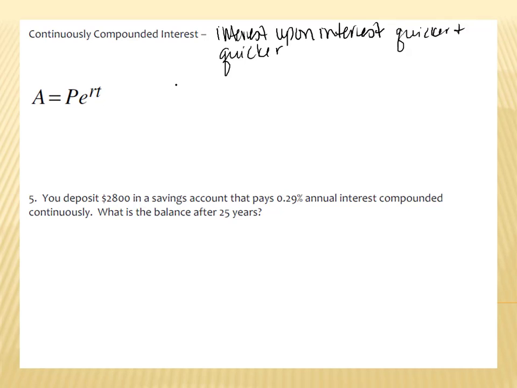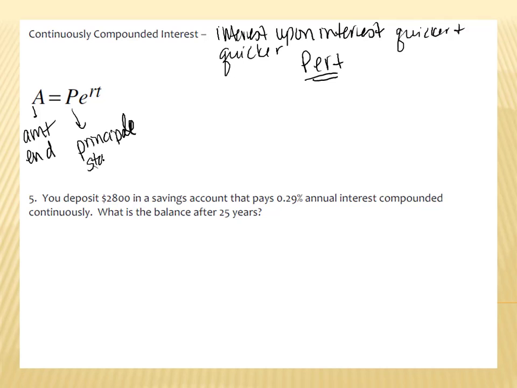And we call this the PERT formula. And the reason we call it the PERT formula is if you look at it, P-E-R-T, PERT. So this again is your amount at the end that we're looking for. This is your principal amount. I don't know, I think it might be LE. I can't remember.